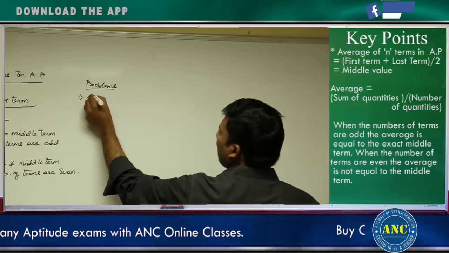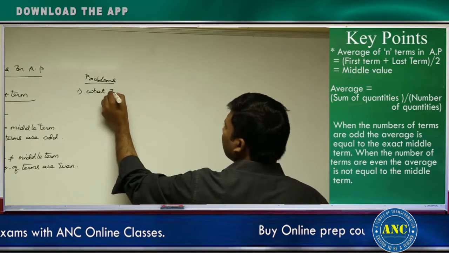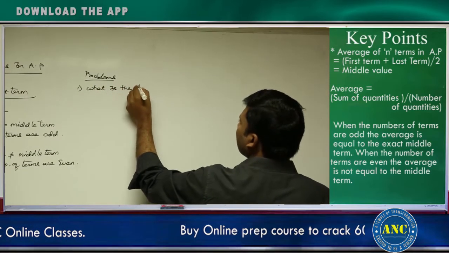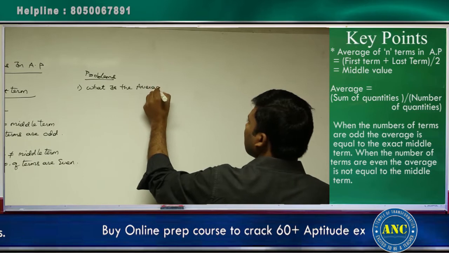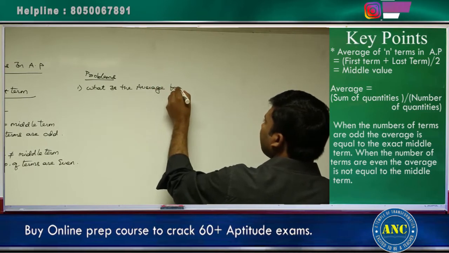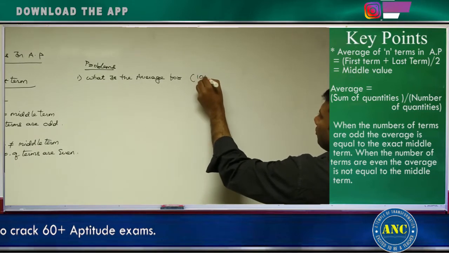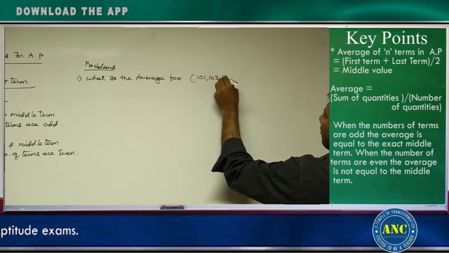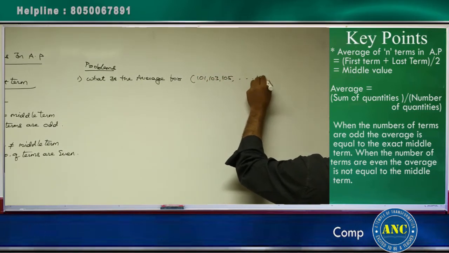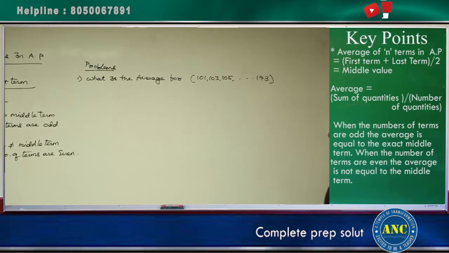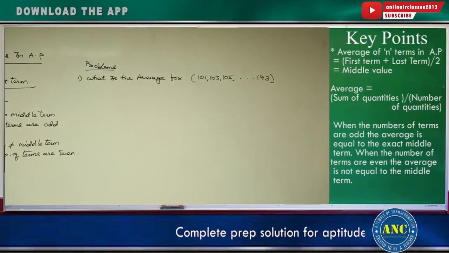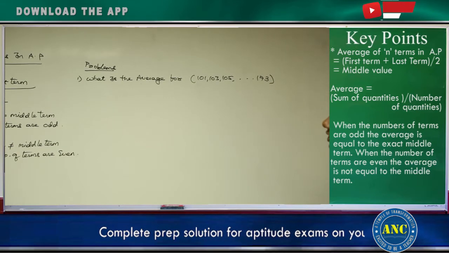First one. What is the average for 101, 103, 105 and so on up to 173?